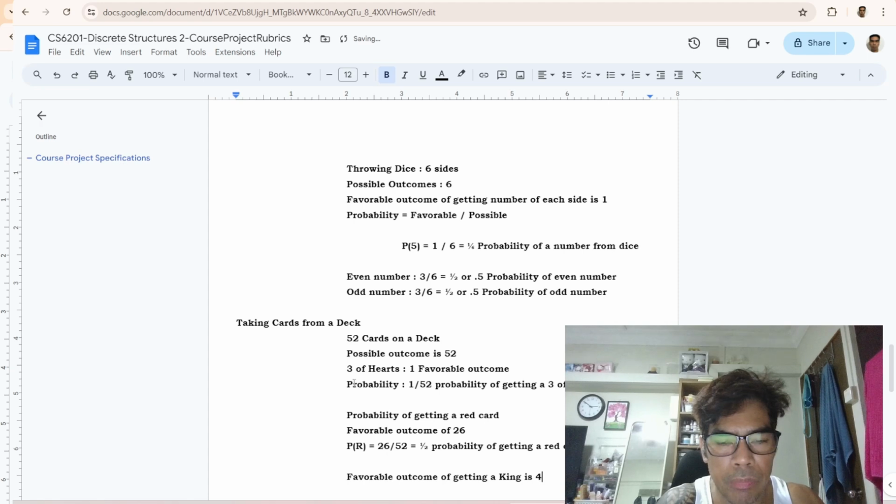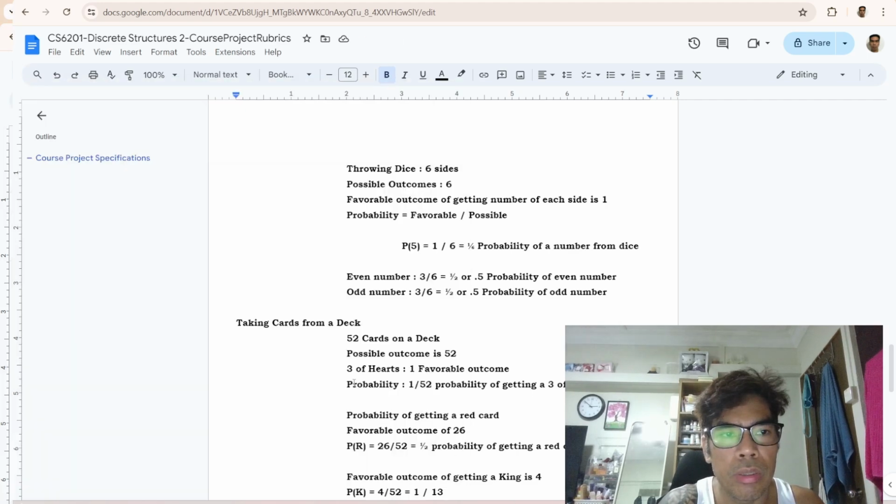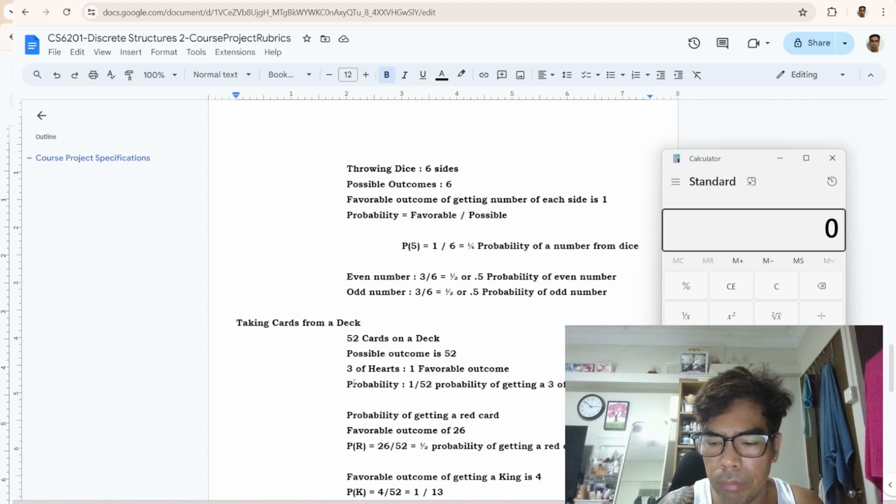So our probability will be four kings out of 52 cards, or 1 over 13.